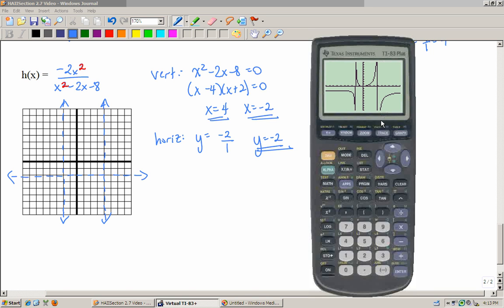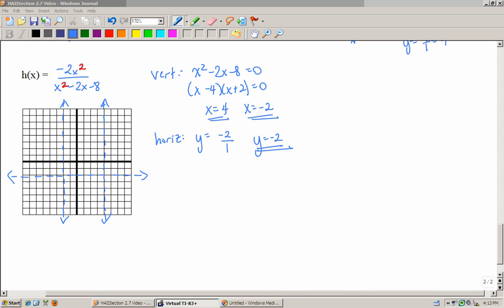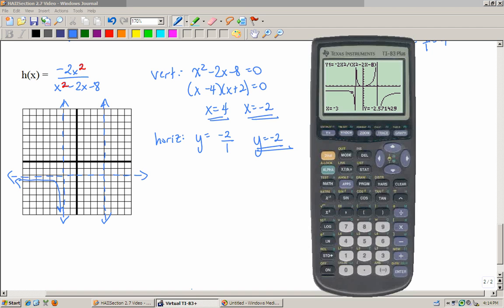So again, if you want to hit trace, I'm going to hit a point left of negative 2, so I'm going to just plug in negative 3 for the x. That value is about negative 2.5-ish. That's down below this, which means it's going to be graphed down here. If you go back and plug in a trace again and plug in maybe 0 in the middle, that value is at 0, 0.